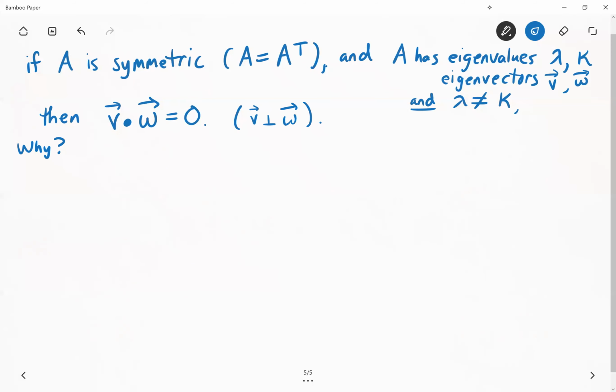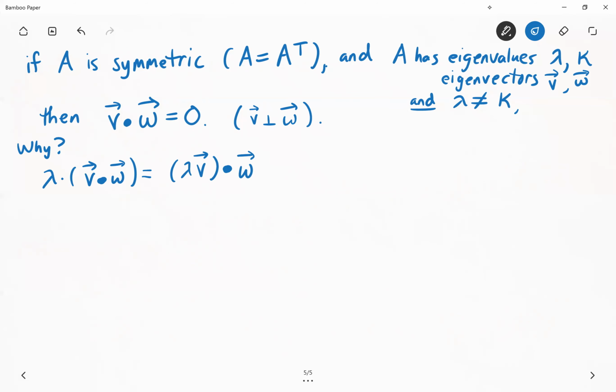To explain why, let's start off with lambda, I'll just pick lambda at random, times the dot product of V and W. Now, because of the way the dot product is defined, you can distribute this through to one of the vectors. And lambda times V is equal to A times V. Remember that the special thing about lambda, and also we'll see kappa, is that they're eigenvalues and eigenvectors.